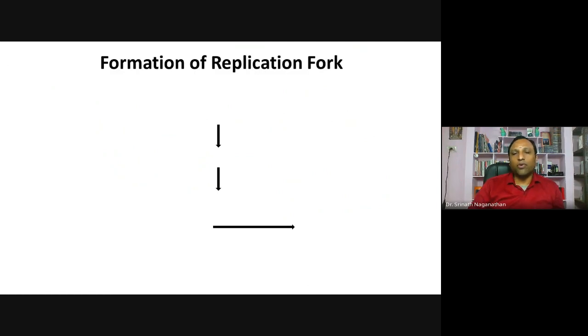So let's see about the formation of the replication fork. We know that the DNA is double stranded, that is 5 prime to 3 prime and 3 prime to 5 prime. In prokaryotic DNA, they have the ori site, which is the origin of replication. In this ori site, DNA melting takes place.